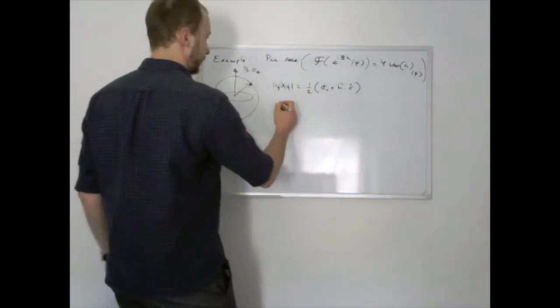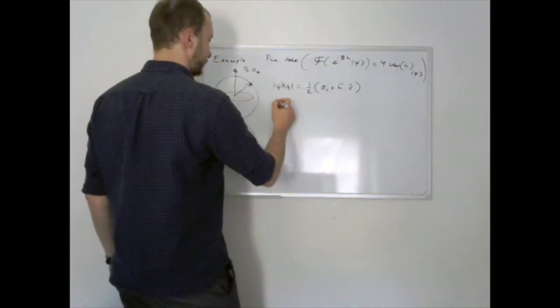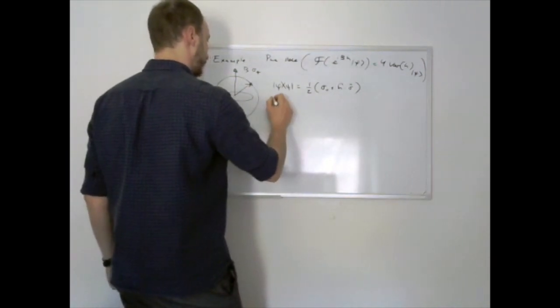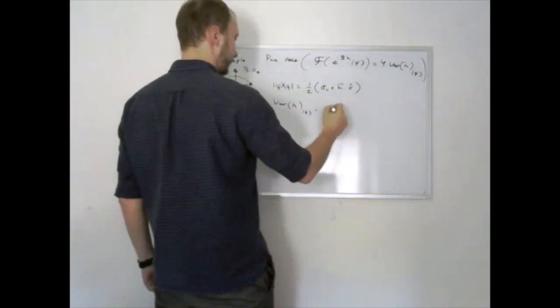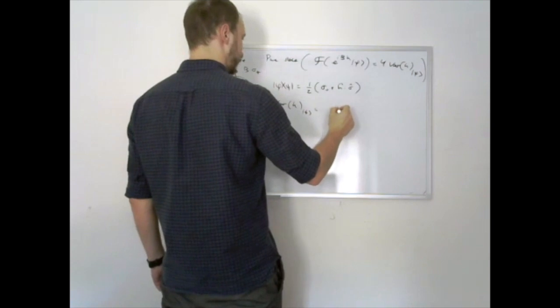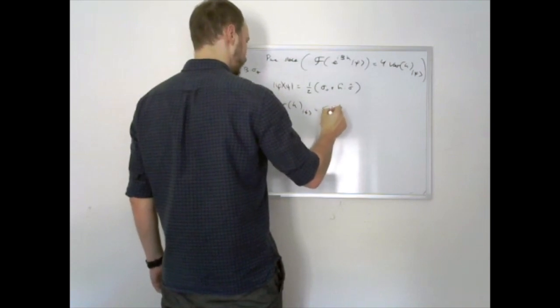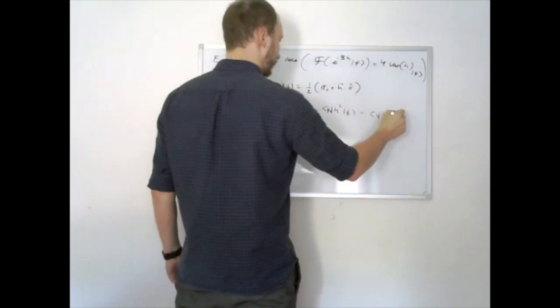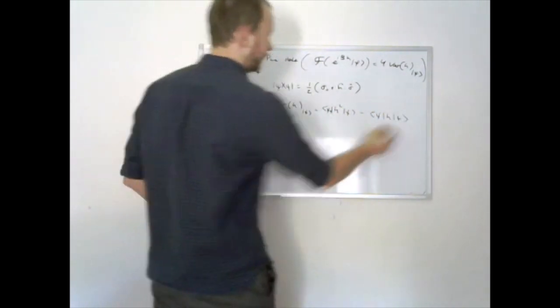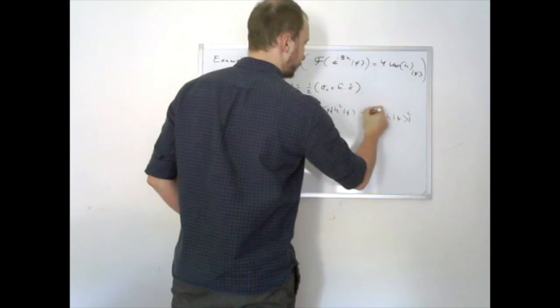So now, the variance of h by definition on the state psi is just given by the expectation of h squared minus the expectation of h, squared.